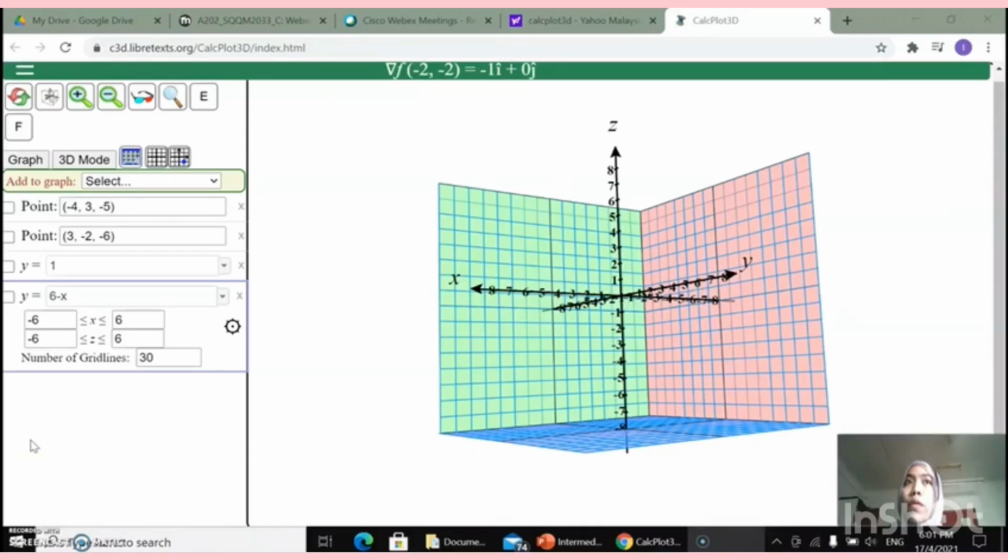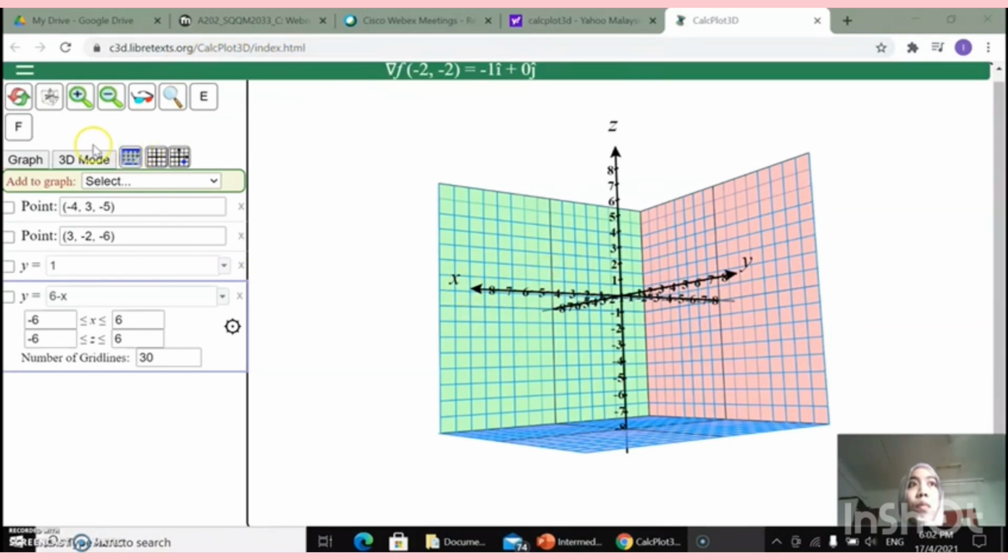For graphing in 3D, to make it easier for us to plot the graph and see how it will be, we can use the Calculus Plot 3D app or website on Google. Just type Calculus Plot 3D.